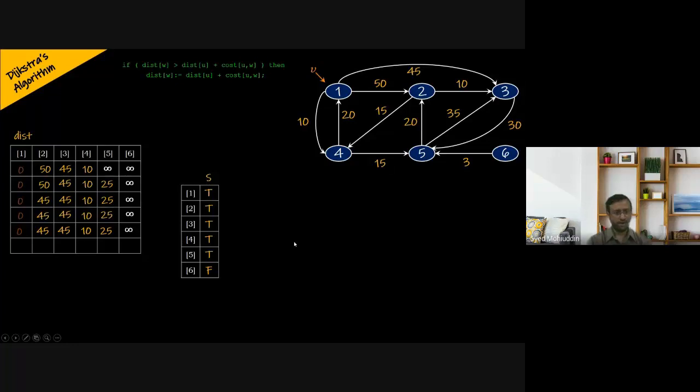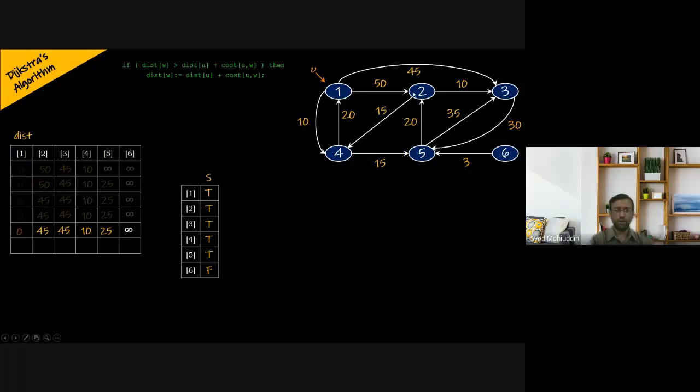And what we have at the end when this algorithm completes, I have darkened the previous values, and the final values are 0, 45, 45, 10 and 25, and finally for vertex 6 infinity. So this is the actual array with the final values. What we say here is that from vertex 1 to vertex 1 the distance is 0.